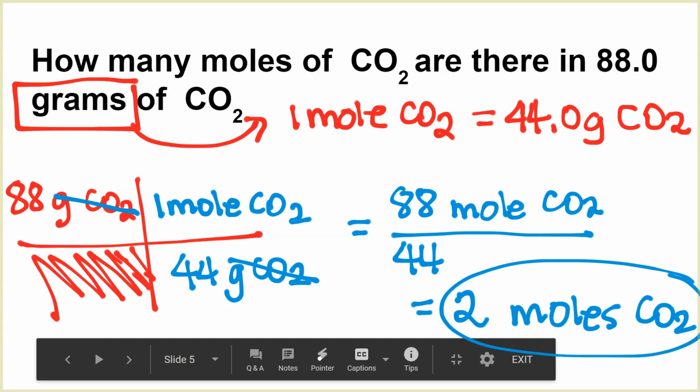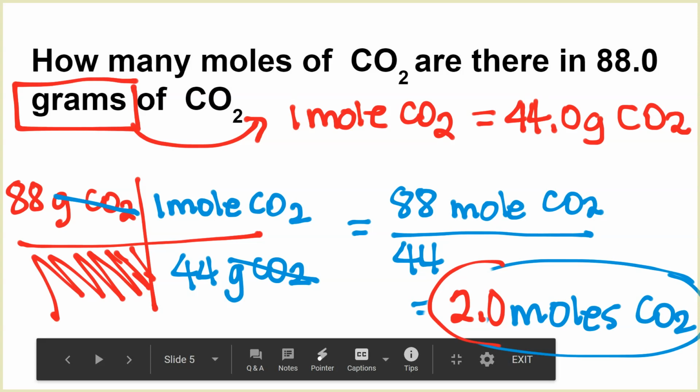If the direction says so, you should have a number after the dot. It's going to be 2.0. If we are rounding off to the tenths place, it's going to be 2.0 moles of CO2.